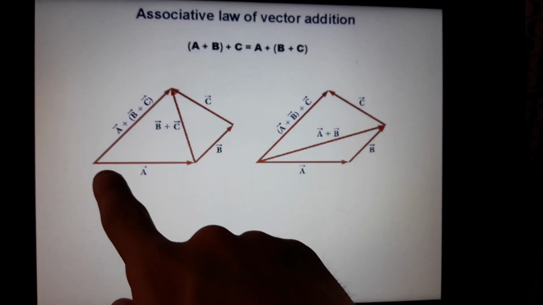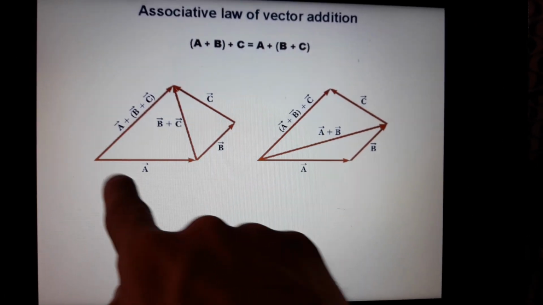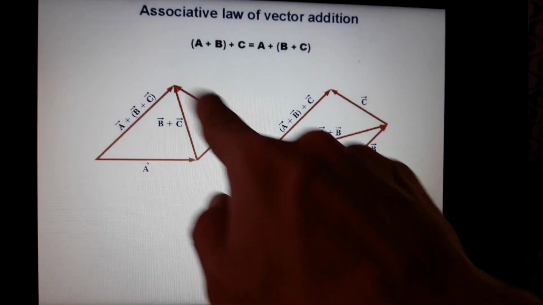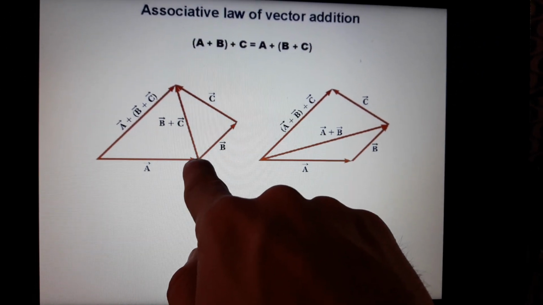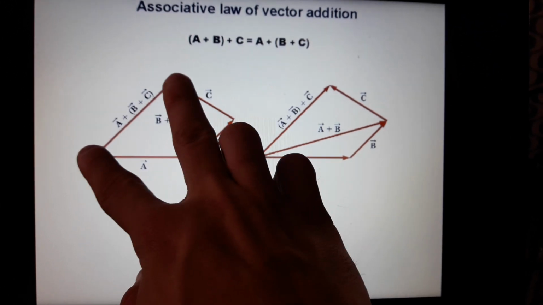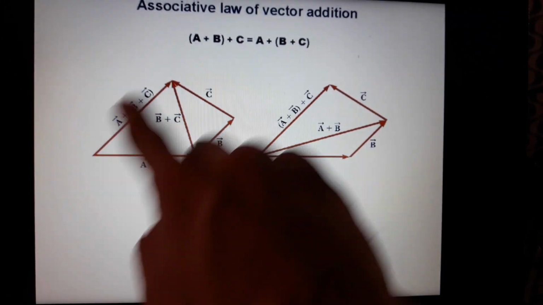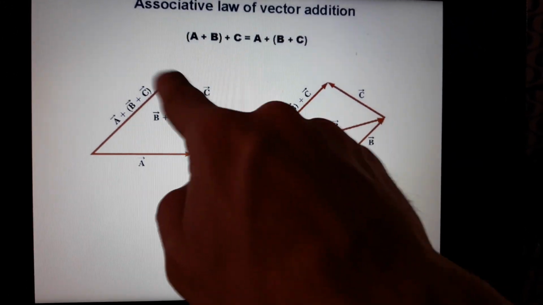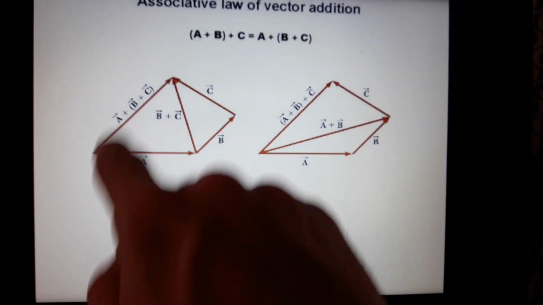We have the associative law. It means, and we can do it again, we have the arrow, the beginning of the arrow at the finish of the other arrow. Okay, a plus b plus c, we have this vector. This is the resultant vector, a plus b plus c. We draw another vector here.